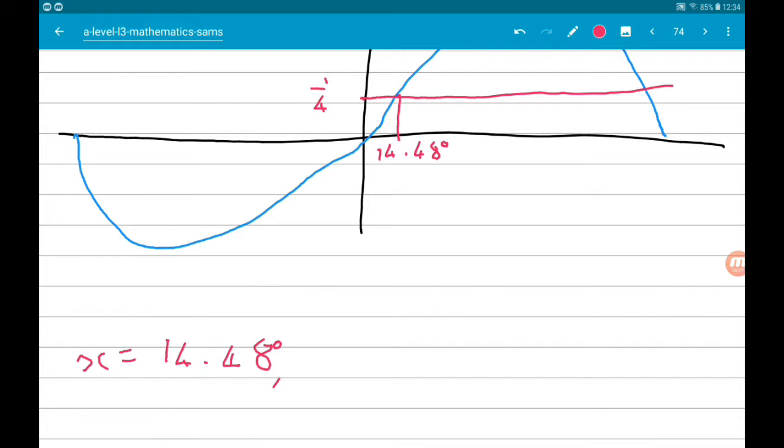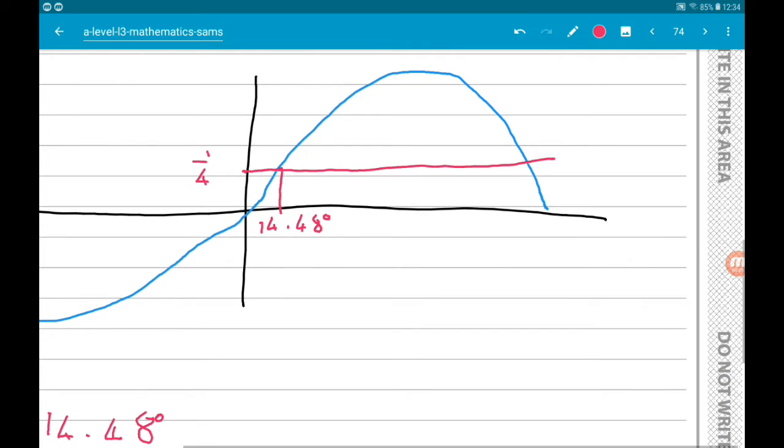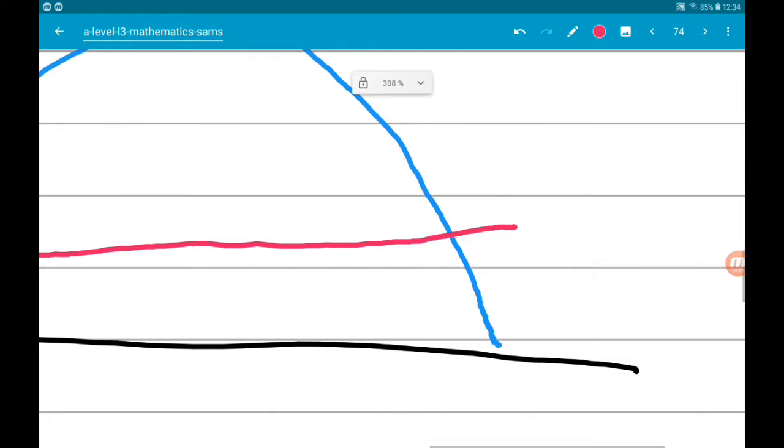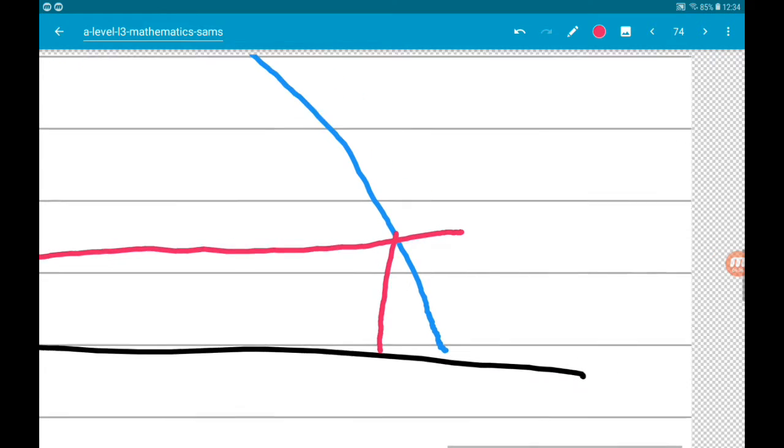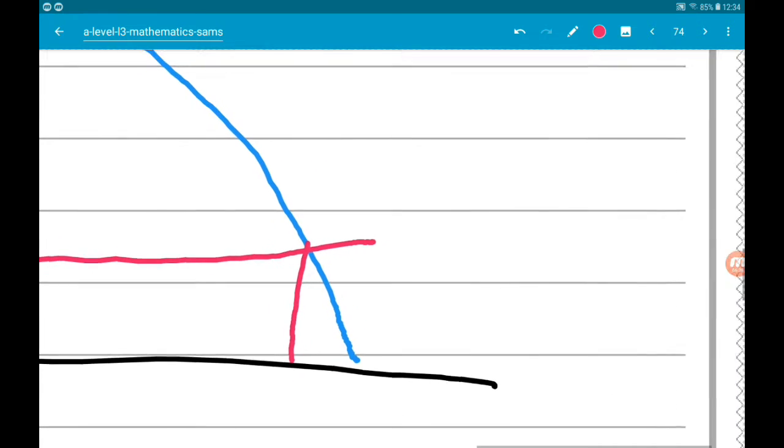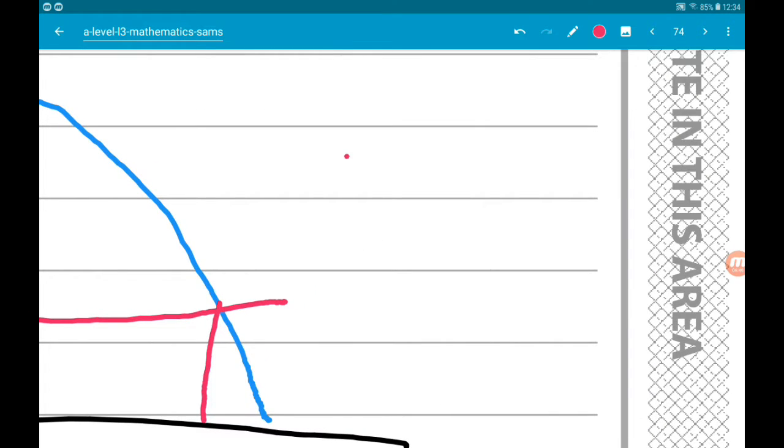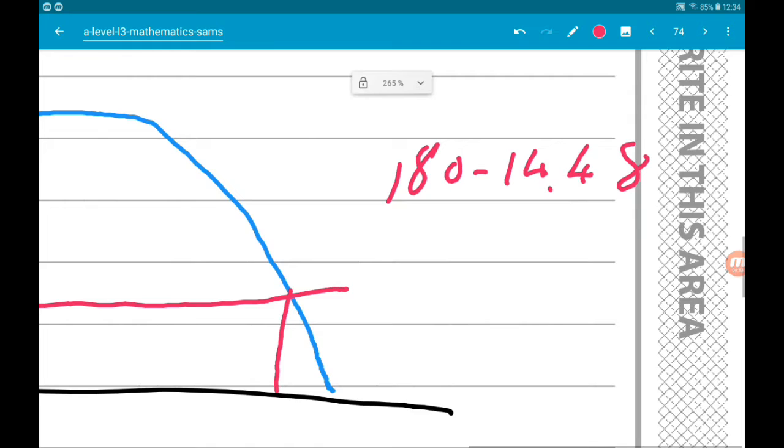Now by the symmetry, this chap over here is 180 minus 14.48. So that's 165.52.